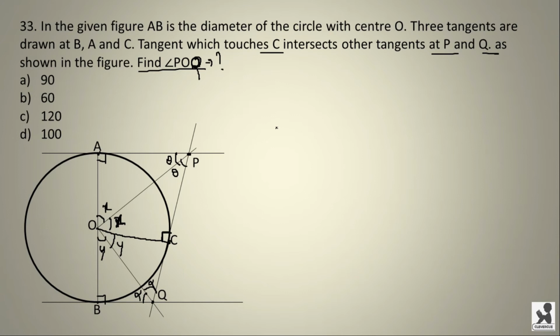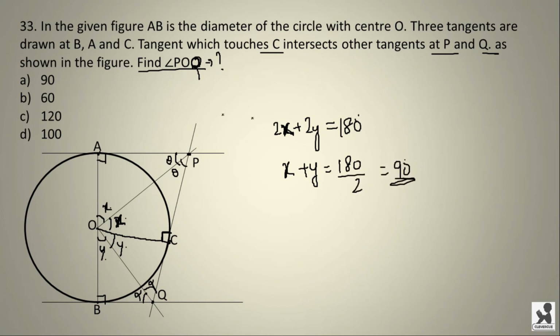Now we know that x plus y is 180 degrees because AOB is the diameter. So 2x plus 2y is equal to 180 degrees. Now x plus y is equal to 180 by 2, which is equal to 90 degrees. So option A is the right answer. Moving to the next question.